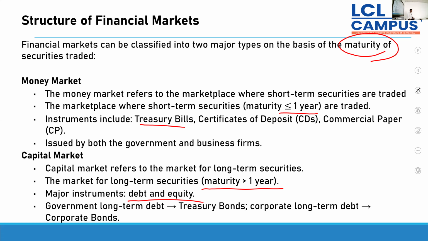At the same time, treasury bonds are the long-term securities of government, right? So what is the difference between the treasury bonds and treasury bills? Can you remember? For the treasury bonds, you can earn interest as well, and yes, risk is also there.